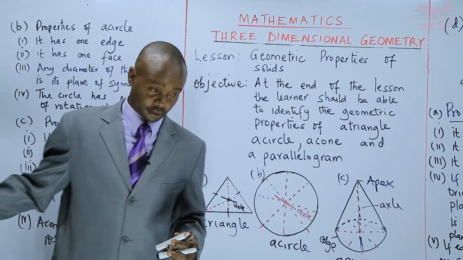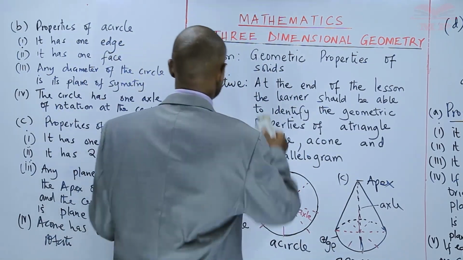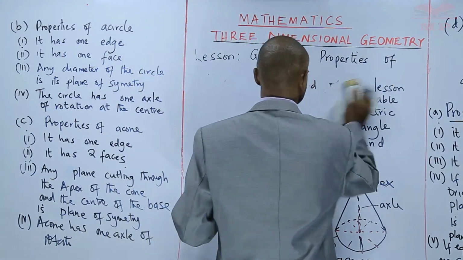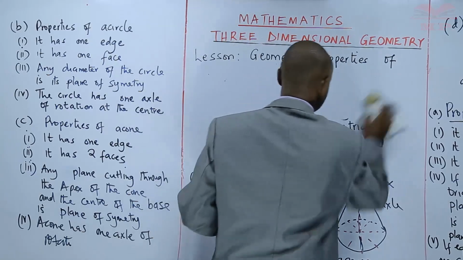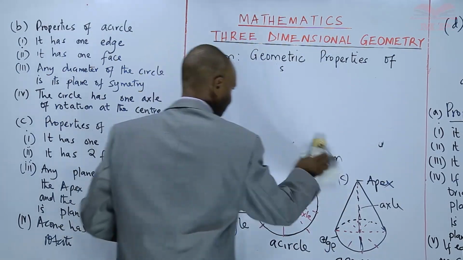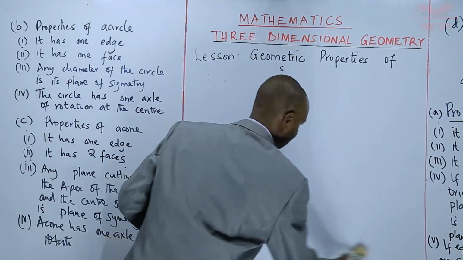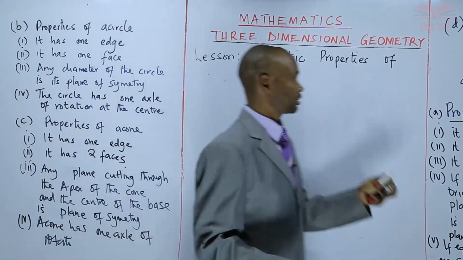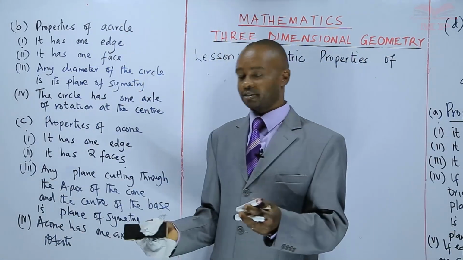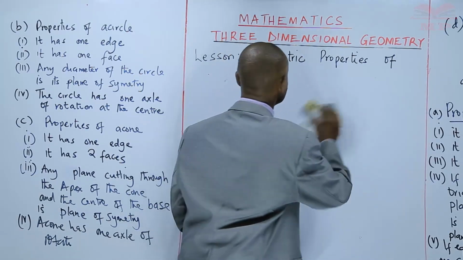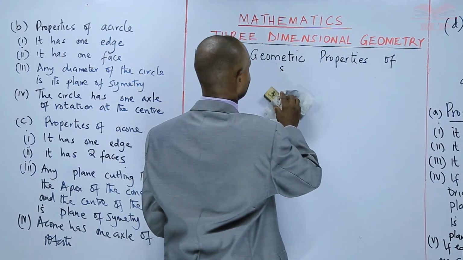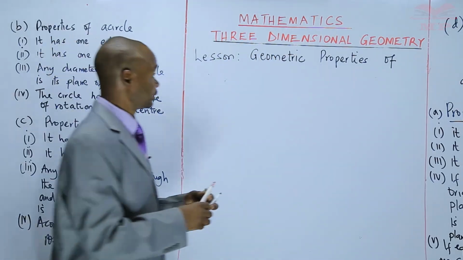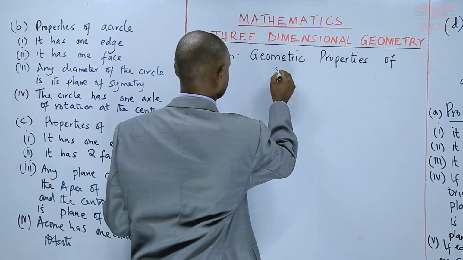Let's look at the last one, the parallelogram. So for the triangle, there was another property, that the sum of the internal angles will give 180. It will be the same for solids.